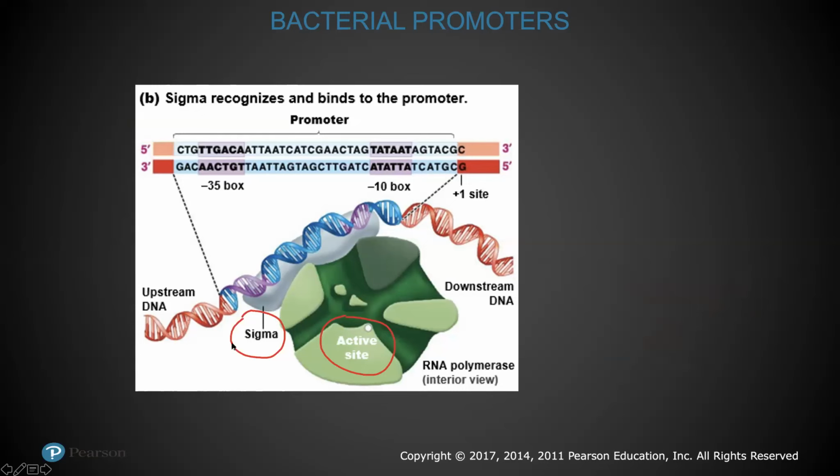This is kind of like a cross-sectional view of this enzyme, and we can see down here is where the active site is located. These two things need to come together before they can bind to this DNA molecule, all right? And we'll talk about some of these regions up here. Obviously this is important that I've got this highlighted up here. We'll get to that in just a second.